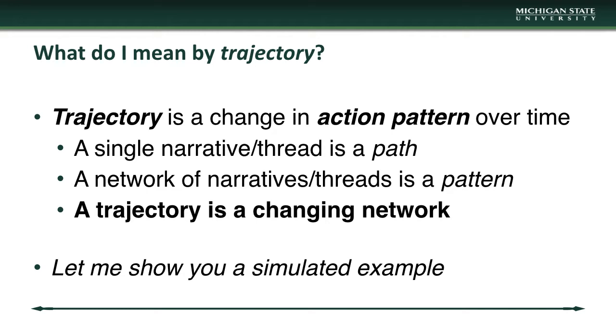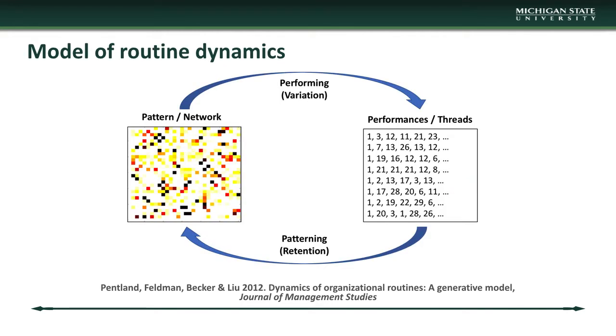So I'm going to show you some examples. We're going to start with a simulation. This is based on a paper that we did a few years ago. On the right-hand side, you see a series of performances or threads, like 1, 3, 12, 11. Those are just coded sequences that represent stuff that happens.